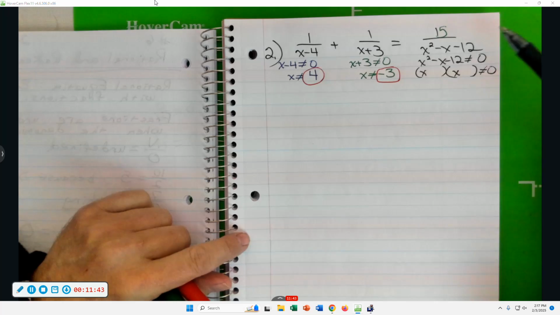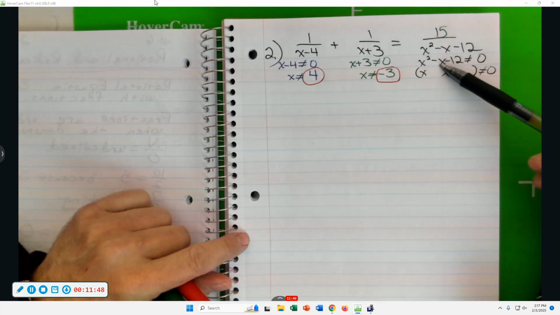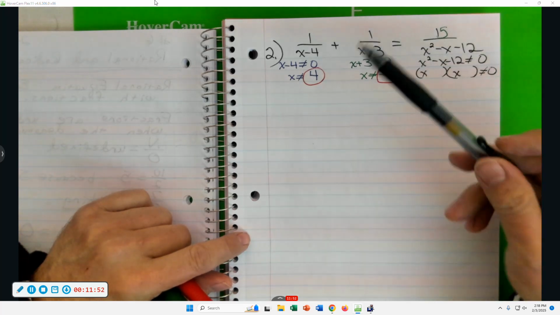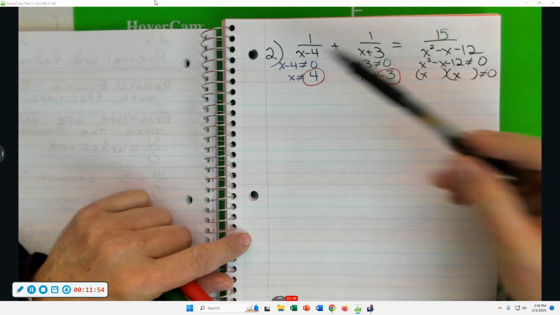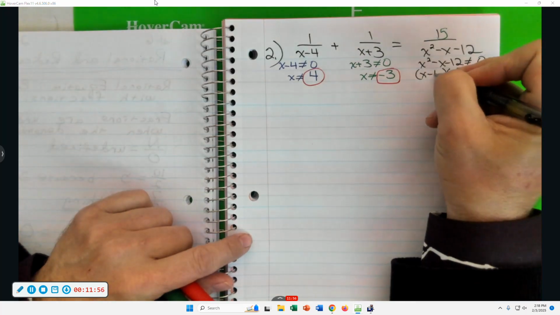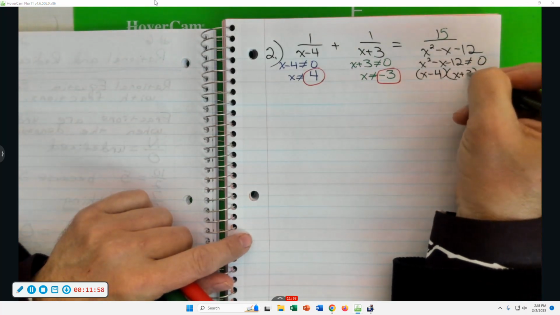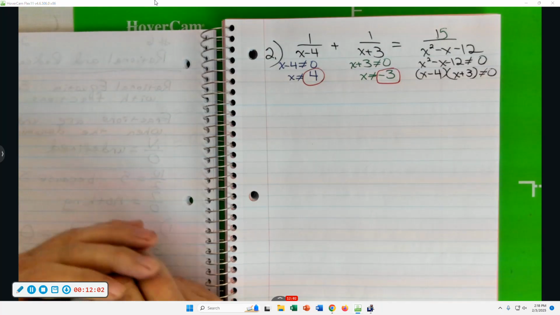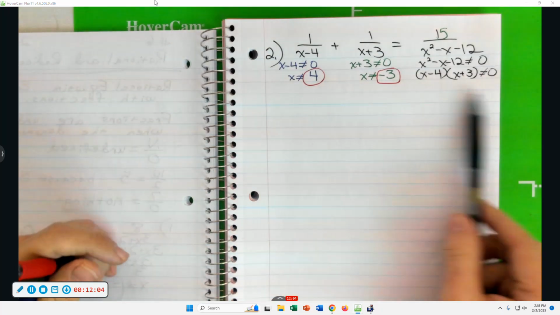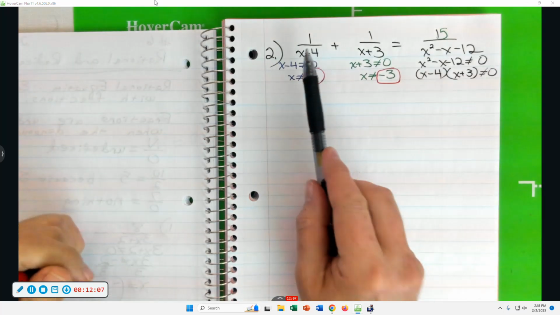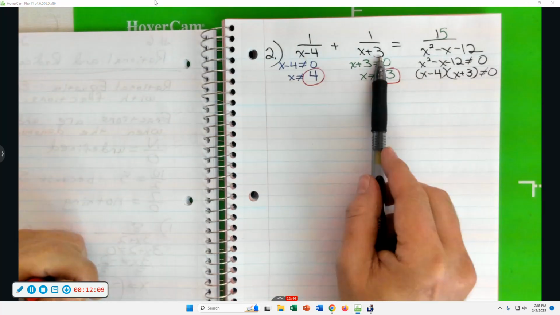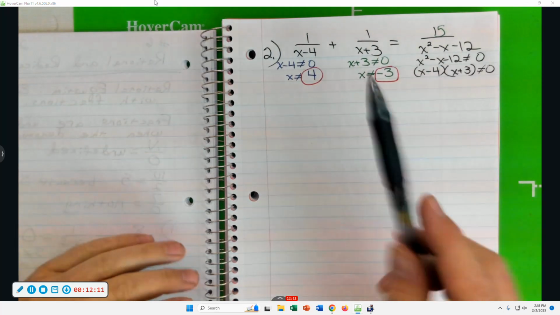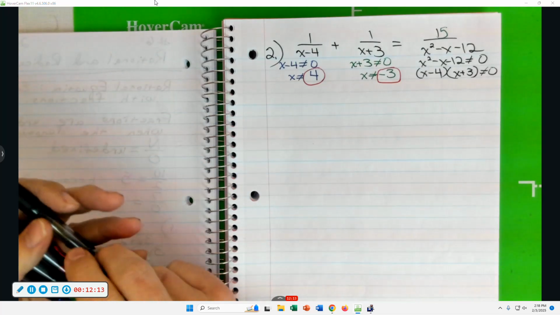So you want the pair that subtracts to give you the number in front of x, just a 1. 3 and 4, I think it's going to factor as x minus 4 times x plus 3. You'd be surprised how often you can come up with equations like this where two of the denominators are factors when you factor the quadratic denominator.